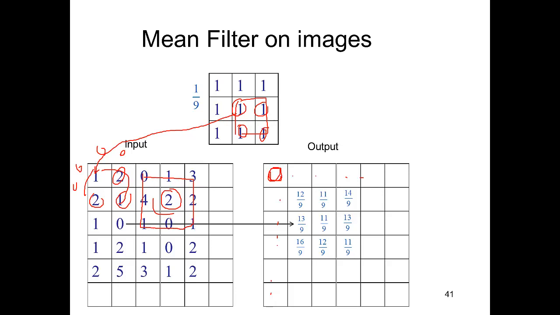If you add them together, then divide by 9, you will get 13 divided by 9 here. Thus, the basic idea of the mean filter is to use the average of the nearby pixels to replace the pixel value.